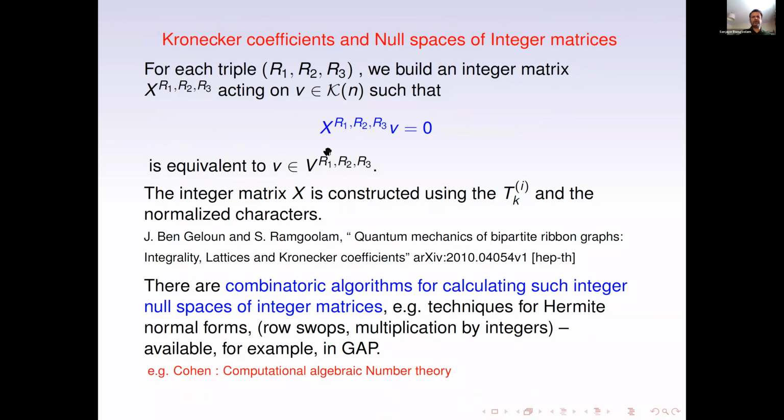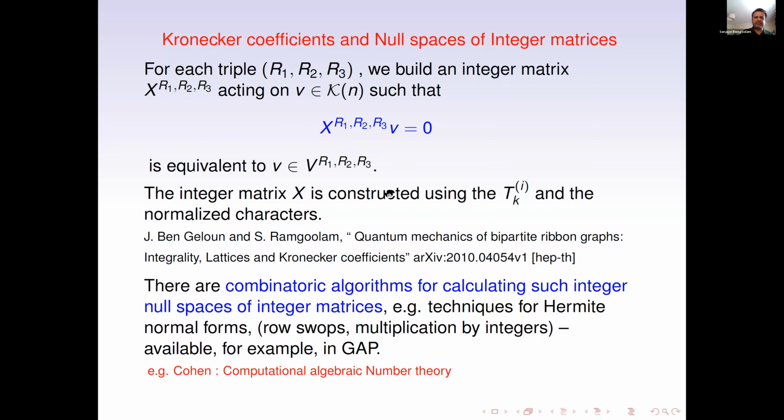The upshot is that you have an integer matrix acting on this algebra K of n, and this being equal to 0 defines a subspace of K of n, which is exactly that Fourier subspace, because by construction this is constructed using these T's, which identify triples of Young diagrams.